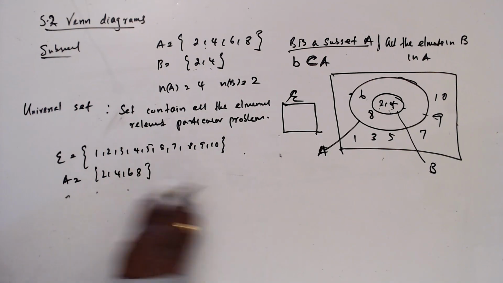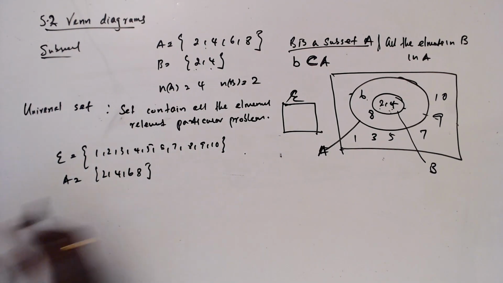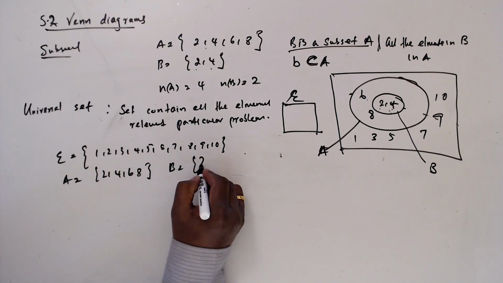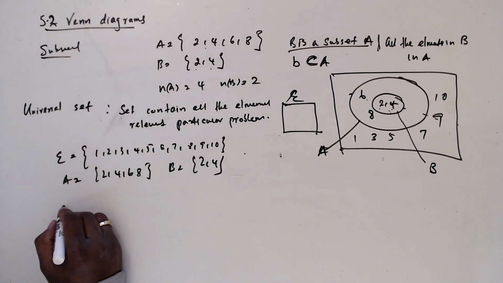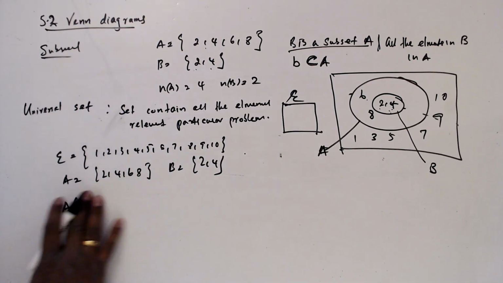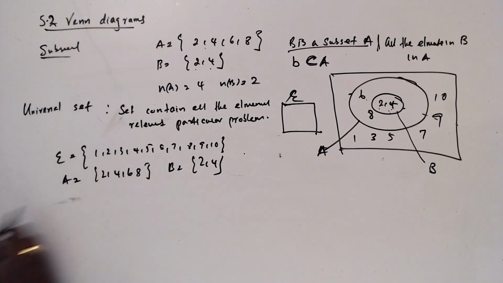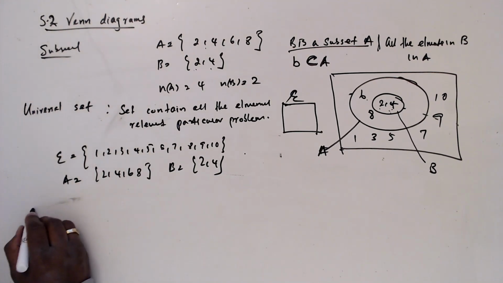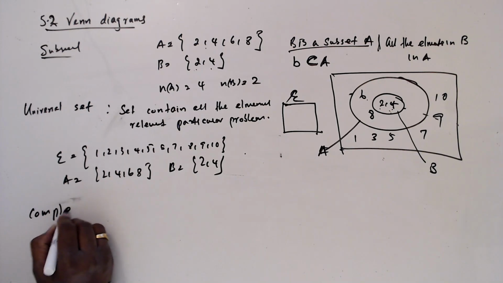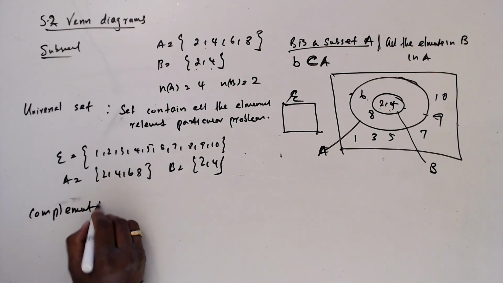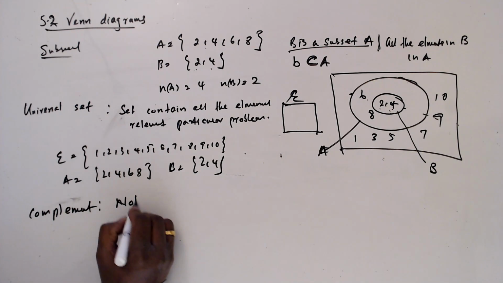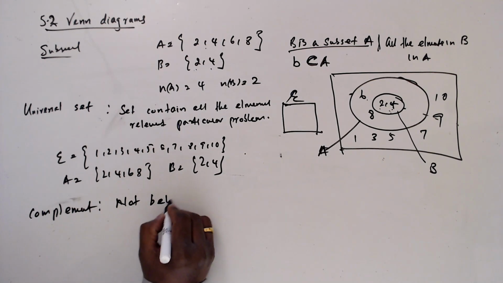That is where the complement comes in. B is 2 and 4. Now this area is called the complement. The idea is not belonging to.